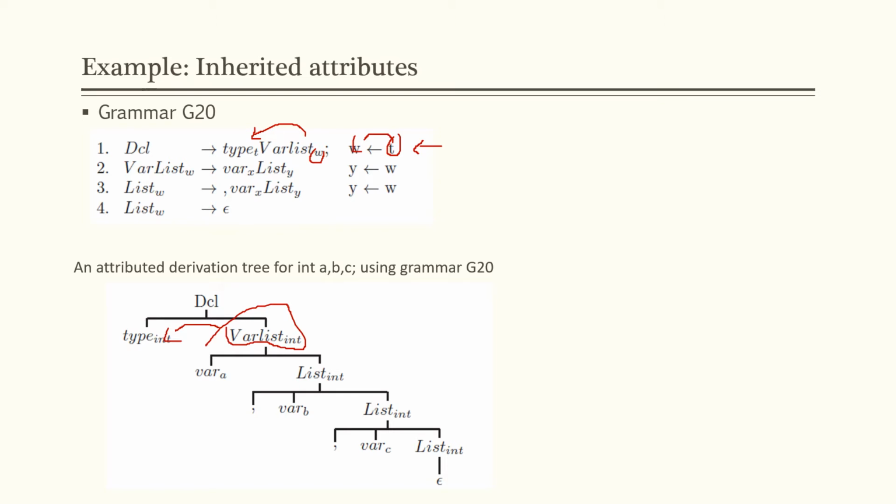Hierarchical means that from var1 here, they get the list integer here. Actually, they get the integer data types from var list, from this area. So this is what we call a hierarchical relationship. So inherited can be in the form of hierarchical, and also can be in the form of sibling. Sibling means the same level of hierarchy.